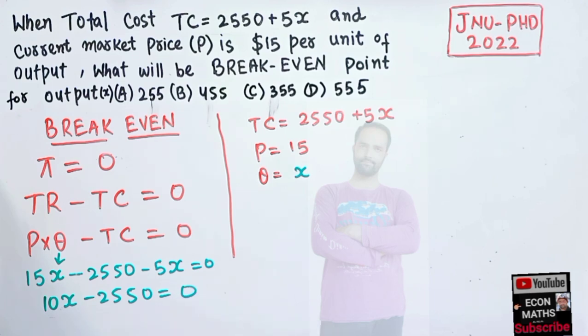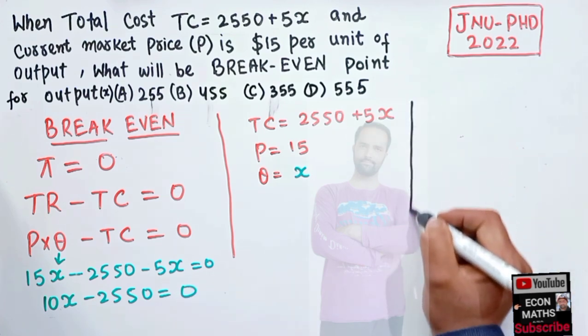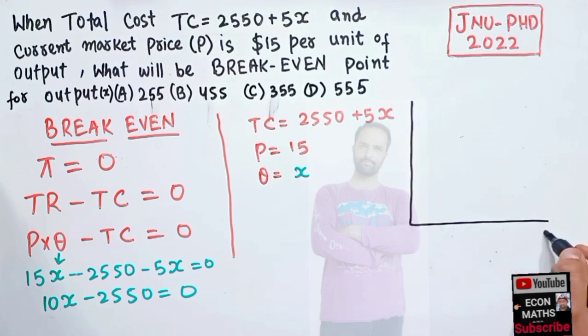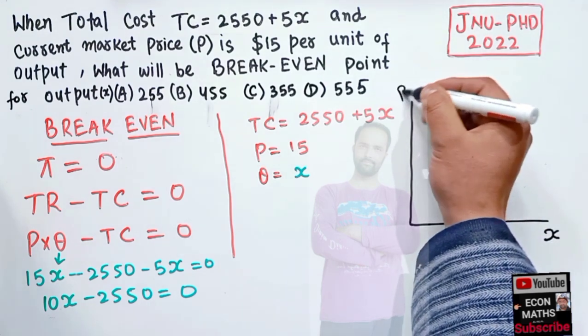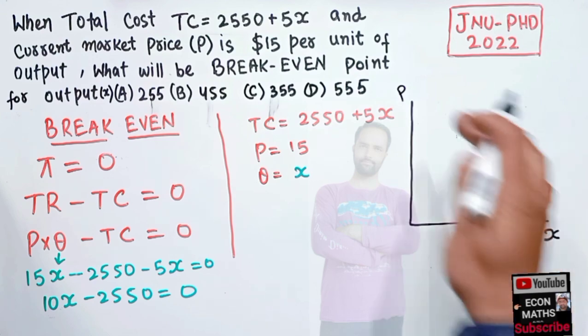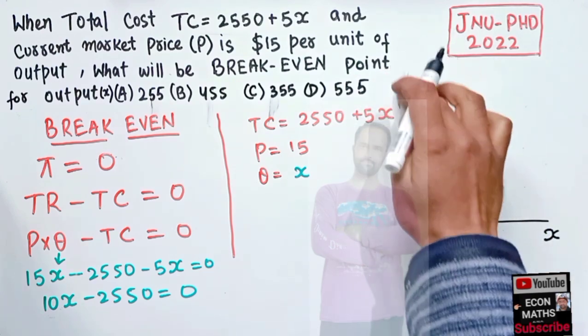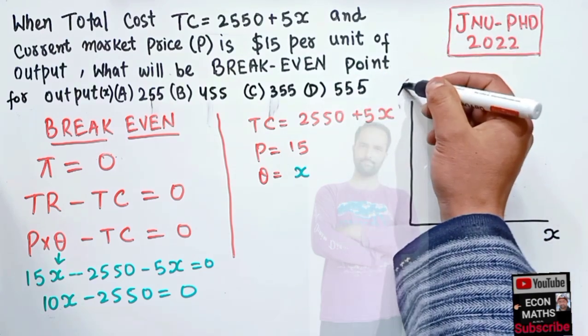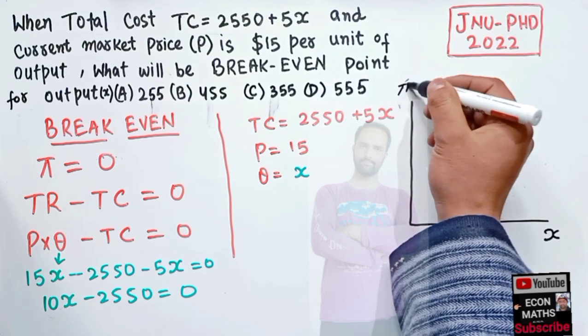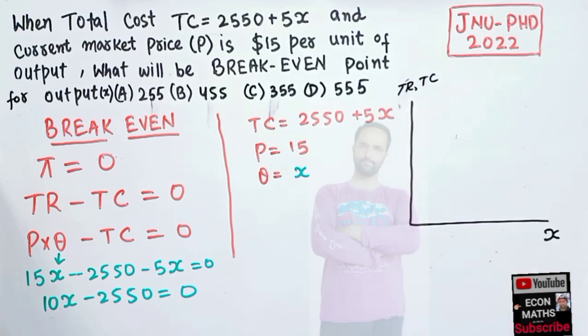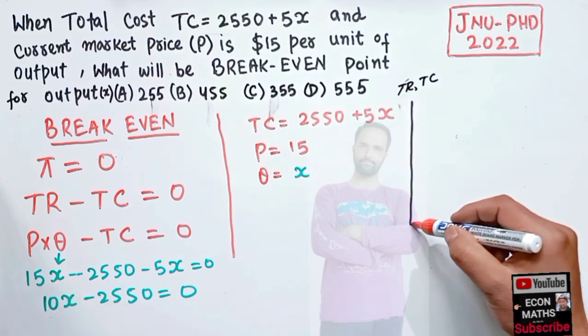Let's draw the graph also to make it more useful. We have x on this side, and total revenue and total cost on this side. Our total revenue is 15 times x.